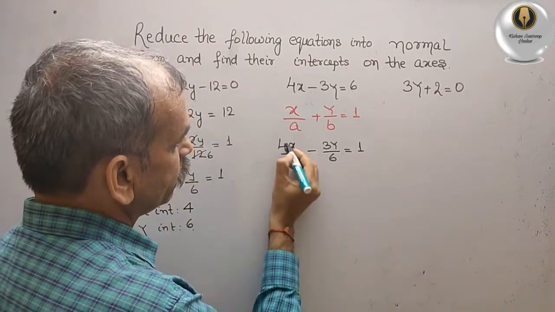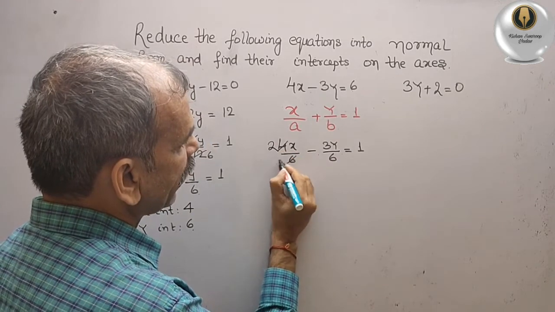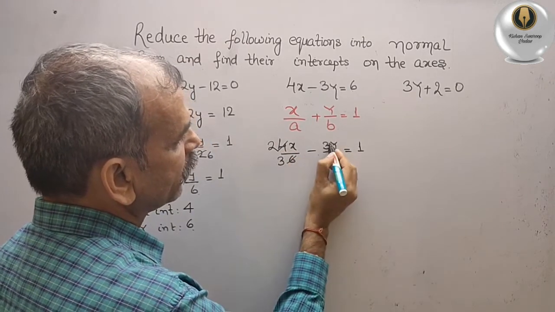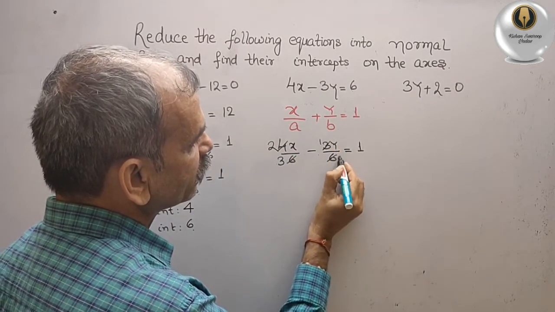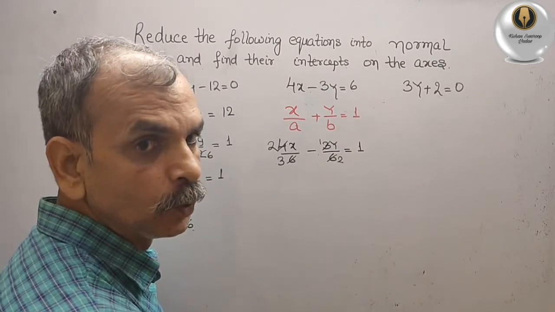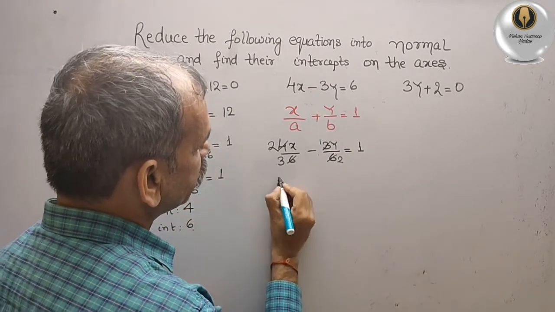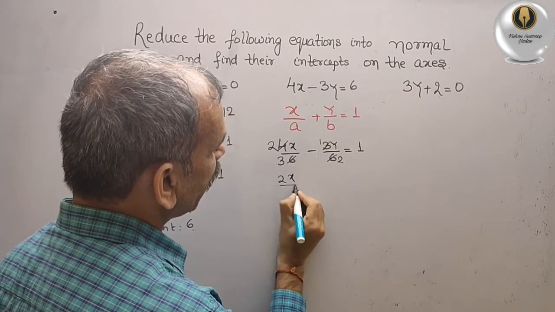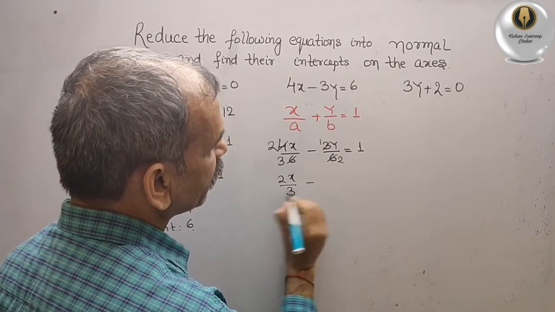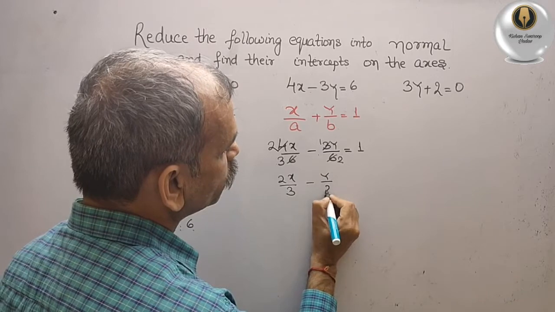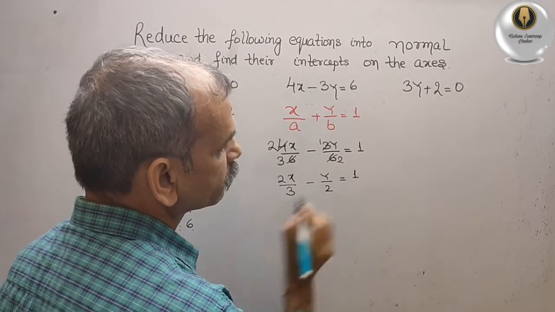Cut them. You will get 2 here and 3 here, and this is 1 and this is 2. Now here it comes as 2x by 3 minus y by 2, that is equal to 1.